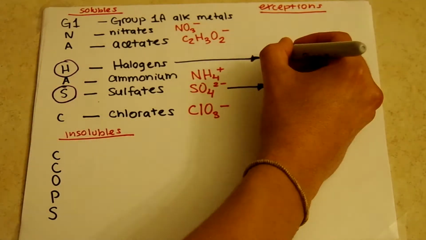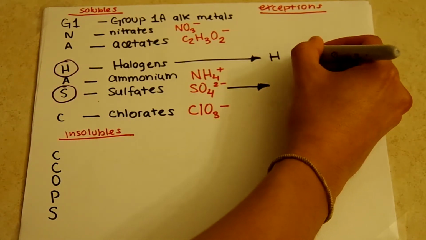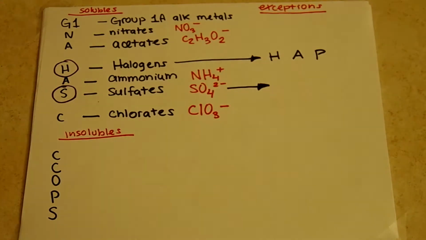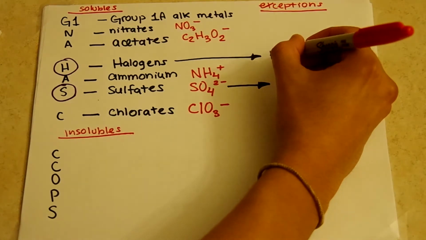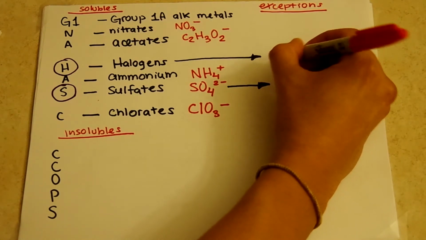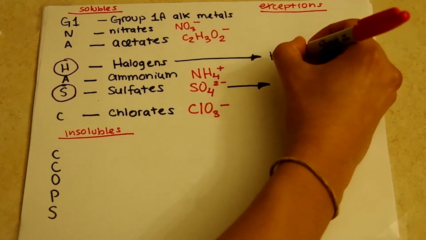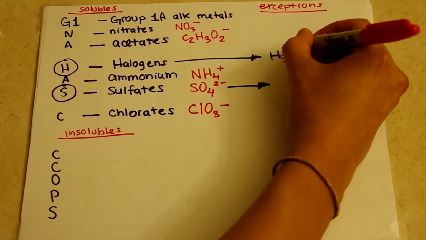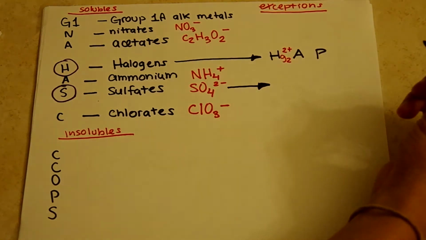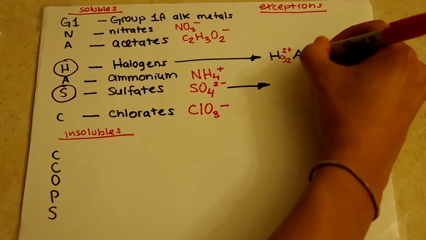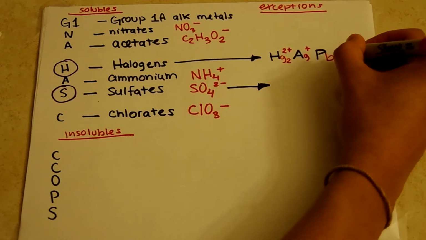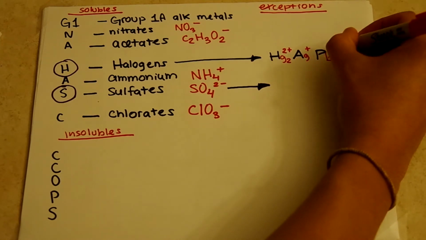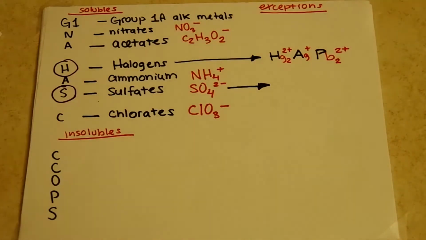The letter H is going to be for Hg, which is mercury in your periodic table, and it's going to have a charge of Hg2 2 plus. The letter A is going to be Ag, which is silver in the periodic table, and the letter P is going to be for Pb, which is lead in the periodic table.